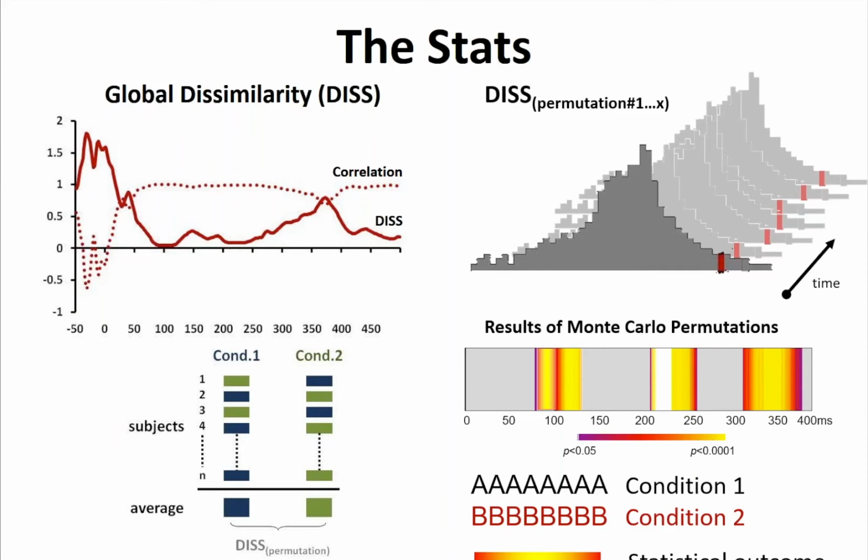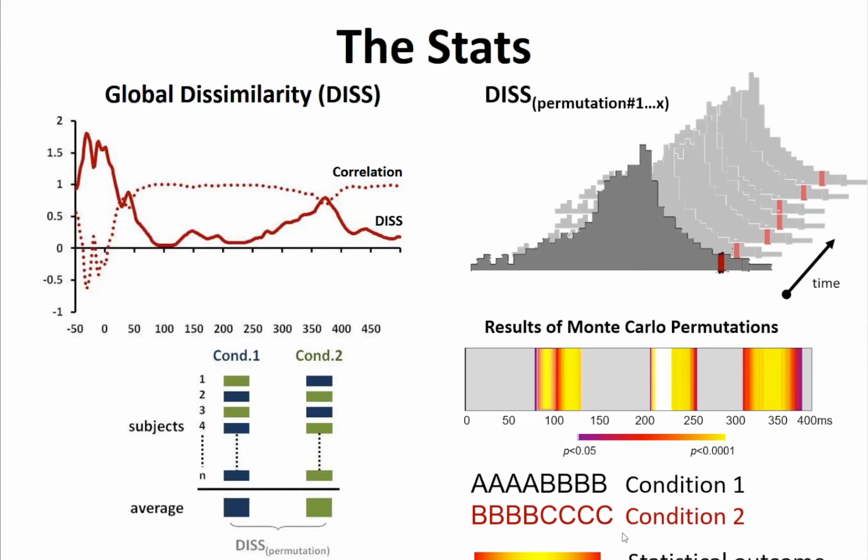But you don't know whether it's because there's one topography for condition 1 and a different topography for condition 2, or another scenario, which would give the same statistical outcome. You have one topography for condition 1, but condition 2 goes from topography B to topography C. You can also then imagine another scenario where condition 1 goes from A to B, and condition 2 goes from B to C, and so on and so forth.